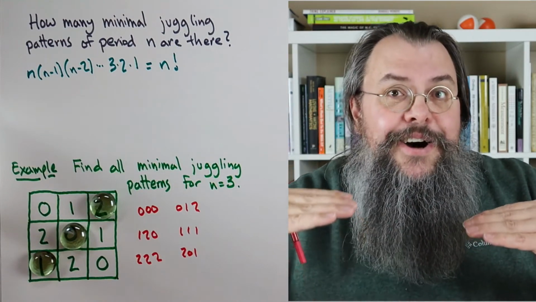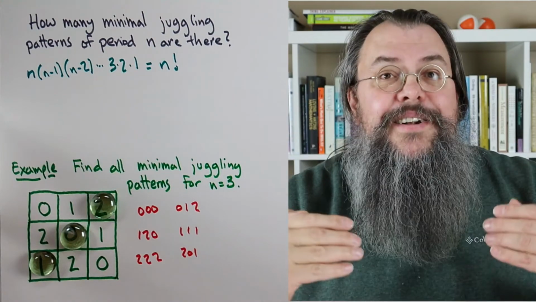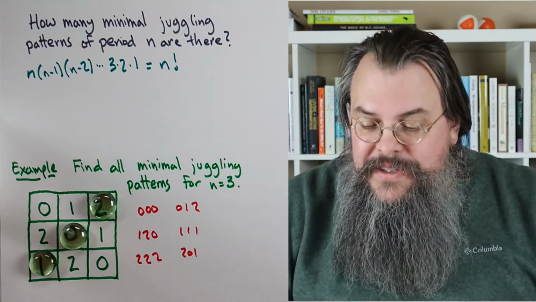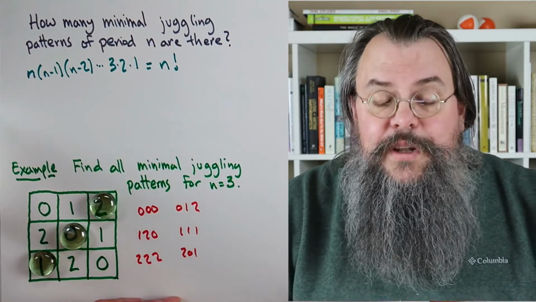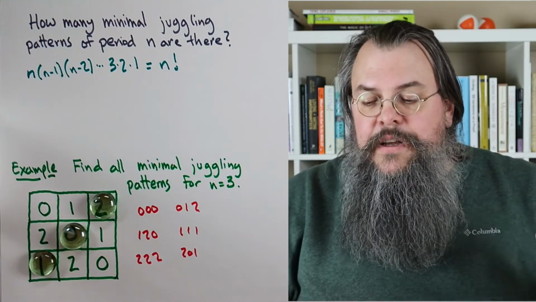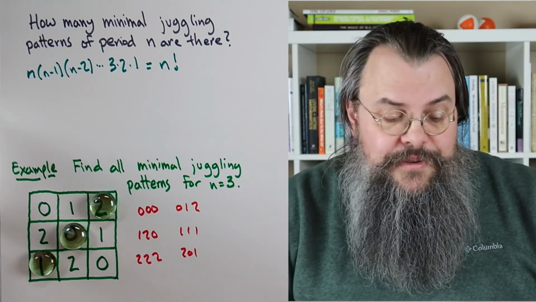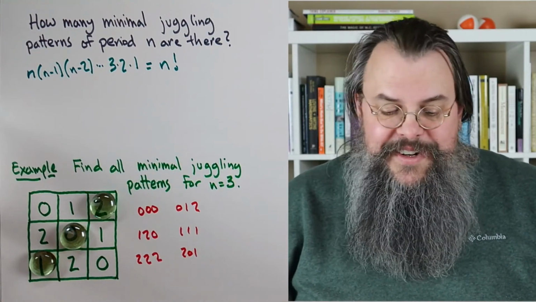And by looking at all the ways we can do that, we get all the patterns, all of them. So that's sort of this comment here. All the juggling patterns can be found by starting with these minimal patterns and adding multiples of n's to the throws. Let's look at a nice special case here.